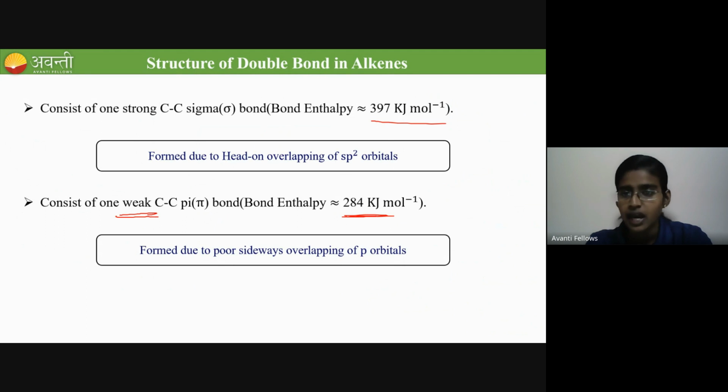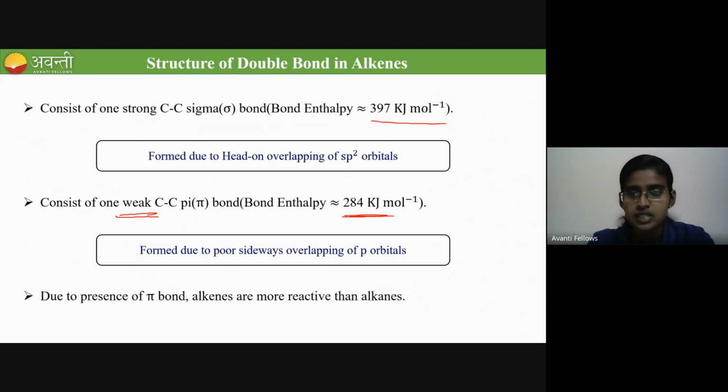And alkenes, since they contain pi bonds, are more reactive than alkanes. Alkenes are more reactive than alkanes because of the presence of the pi bond. Why are they more reactive? We can break the bond easily and we can do the reaction so easily in the pi bond. So that's why they are more reactive.